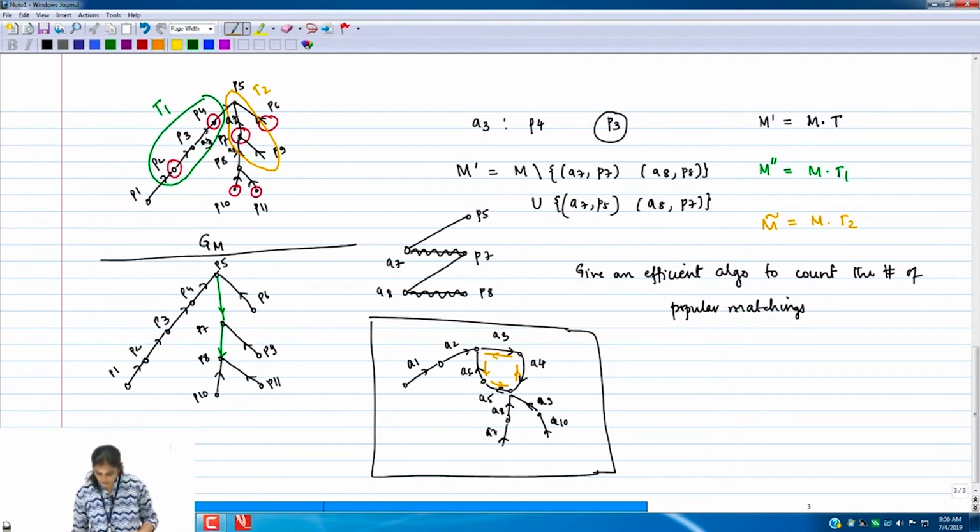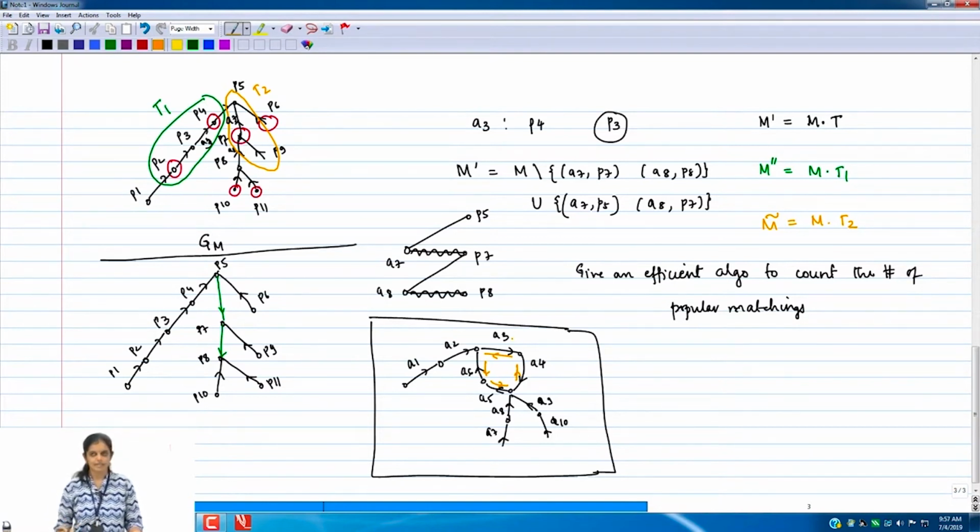Okay, but what about these applicants, A1, A2? Can I match them to any other post in any popular matching? So for example, I can say that A3 is an applicant who sometimes gets matched to its F post, sometimes to its S post, because irrespective of what this post is, the other post is an S post, right?